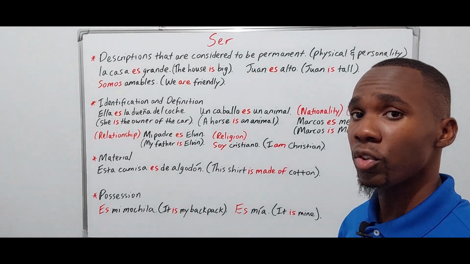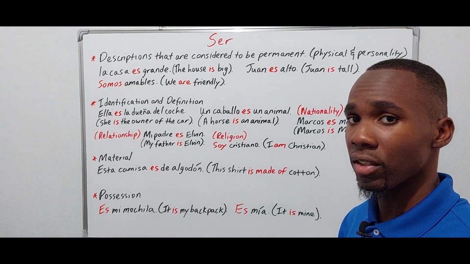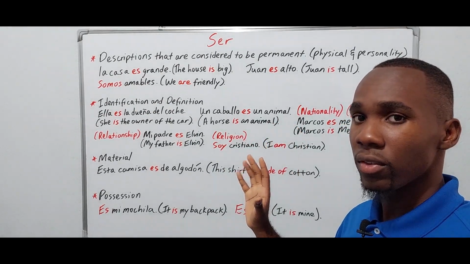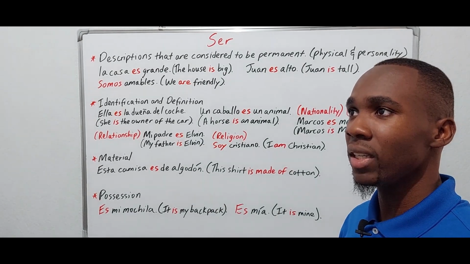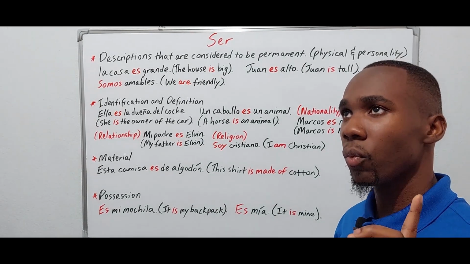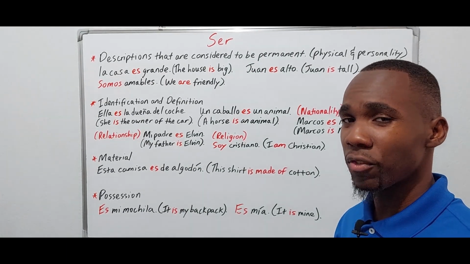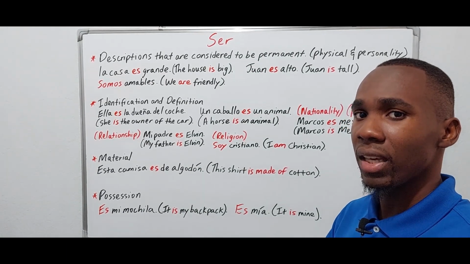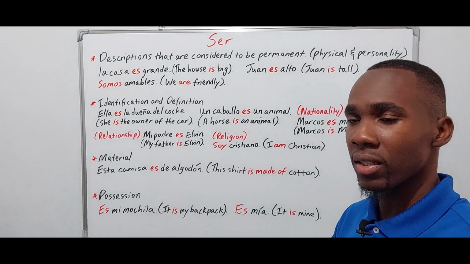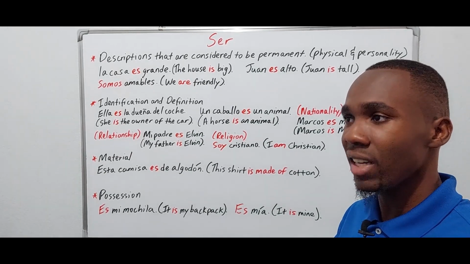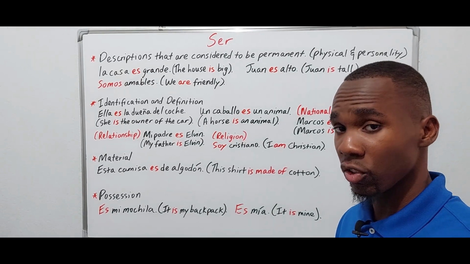So we use ser for those characteristics, okay? And I said that they're permanent. Another way that people often distinguish ser from estar is that they say that ser is used for permanent qualities, whereas estar is used for temporary. And that is true to an extent in certain situations.